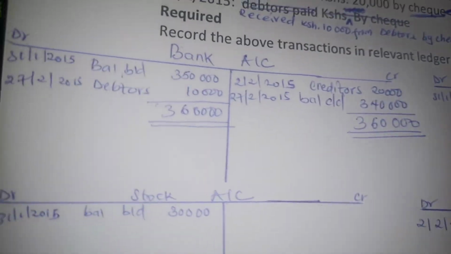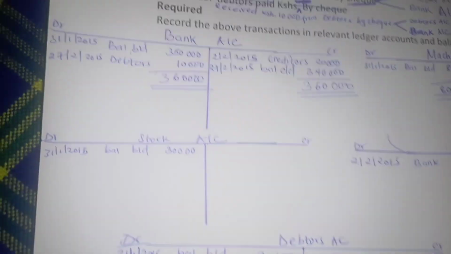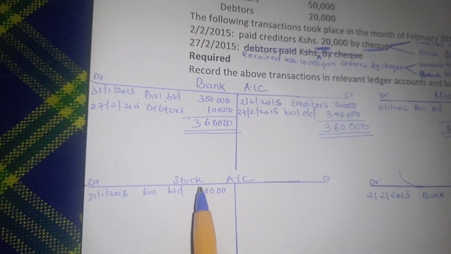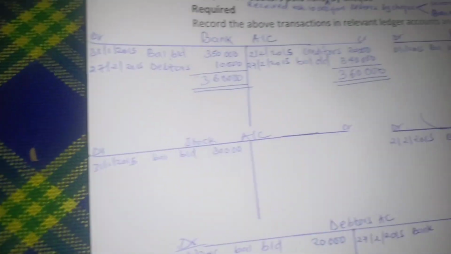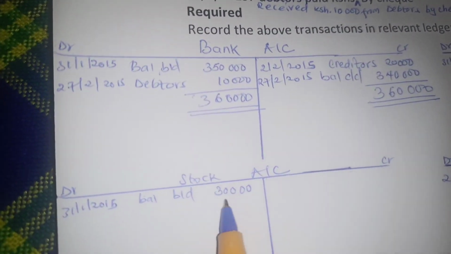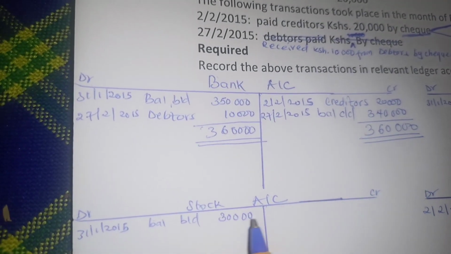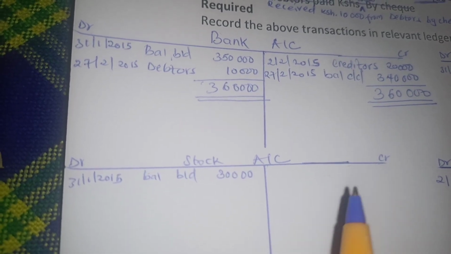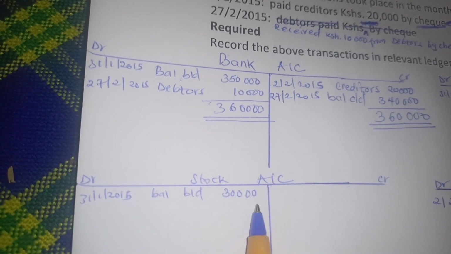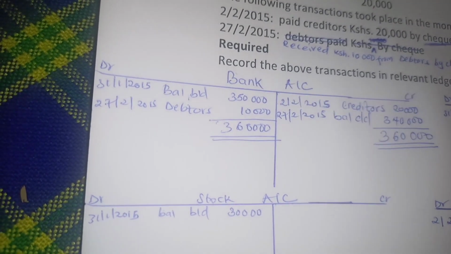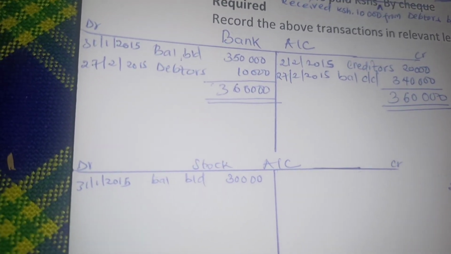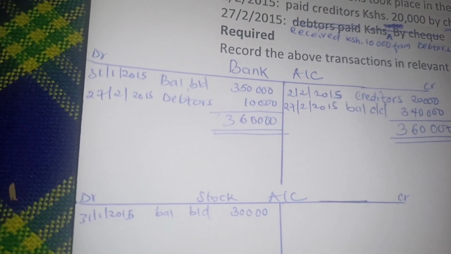Next, we come to the stock account. Sorry for that. In the stock account, we have 30,000 on the debit side. Credit side we have 0. So the side with the higher amount is debit. So that minus 0 gives us 30,000. That will be our balancing figure, and we place it on the side with the lower amount.